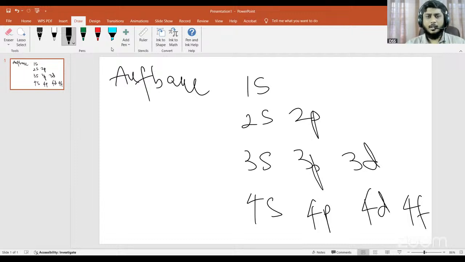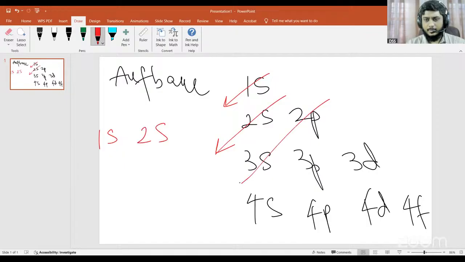So how do you fill these electrons according to Aufbau? First 1s will fill, then 2s, then 2p, then 3s, then 3p and 4s. After 3s, 3p will fill.